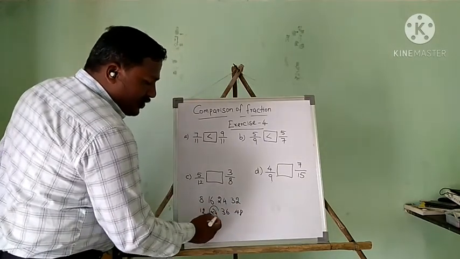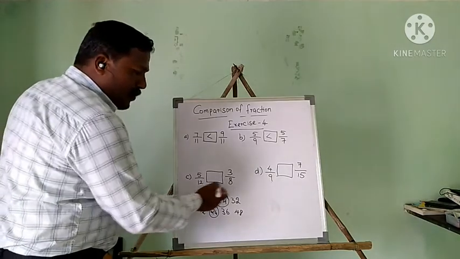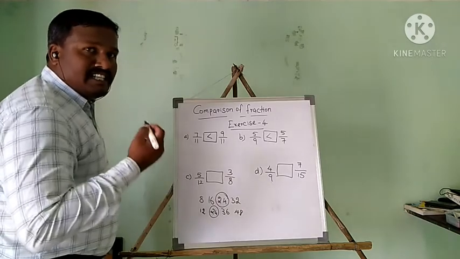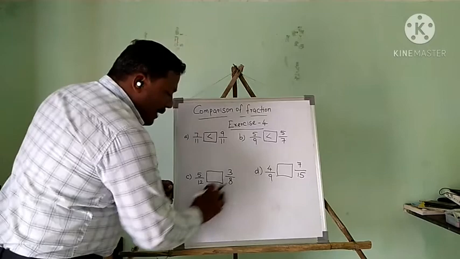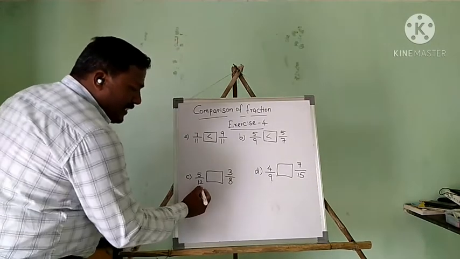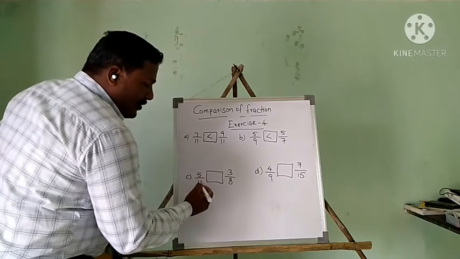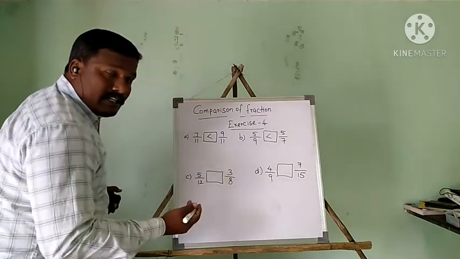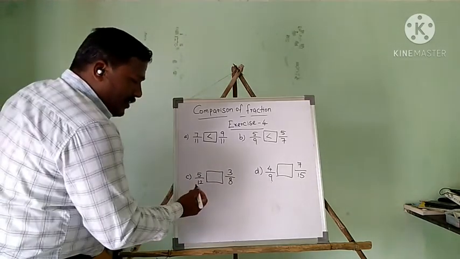Now if you see, 24 is the common multiple of both 12 and 8. So 24 is the least common multiple, the LCM. So I am going to modify the denominators as 24. I am going to convert the denominator 12 to 24.